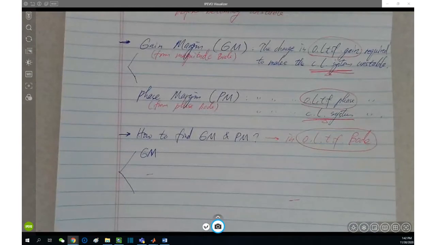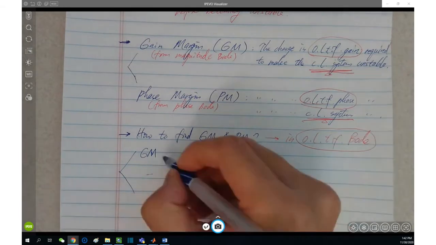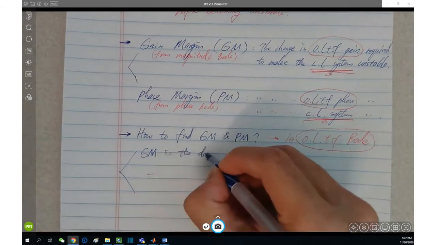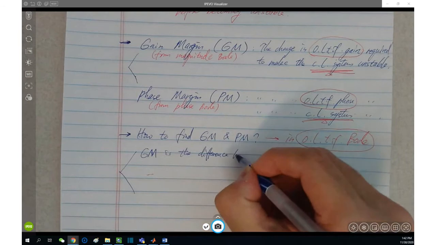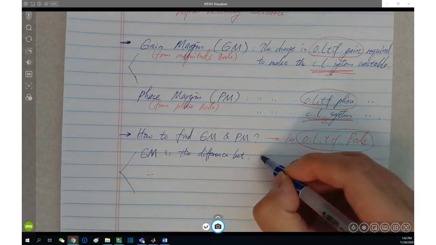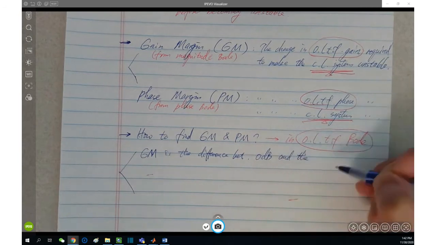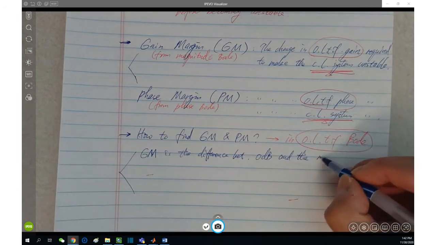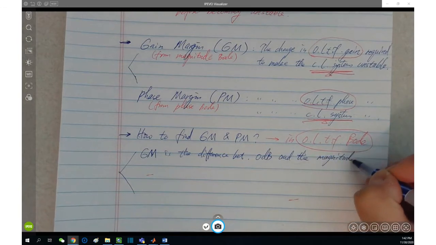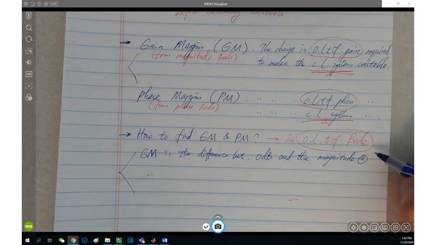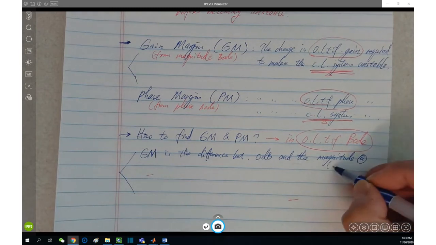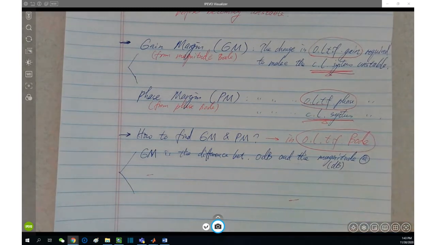Now let's talk about how to find them. The Bode plot, like I said, is generated by MATLAB. Let's see how to find them. The GM is the difference between 0 dB and the magnitude at, of course, this magnitude is also in dB.